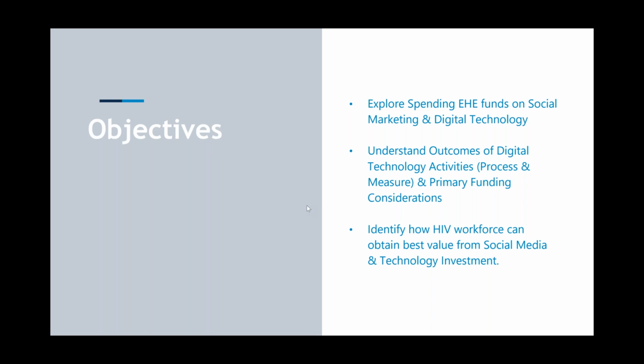In addition to that, we're going to segue to a discussion around outcomes around digital technology and some of the primary funding considerations that you may have to consider when you want to take up this work. Finally, we're going to identify how HIV workforce staff can obtain the best value from social media investment. How can we make the best bang for our buck?